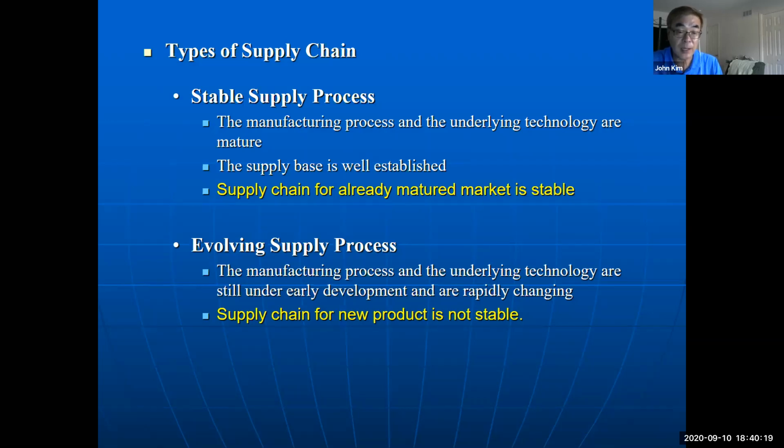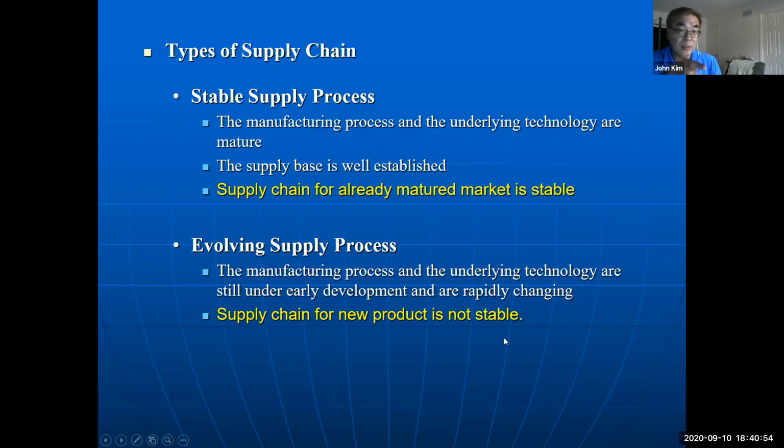So the supply side market is already mature and stable. And on the other side, in an evolving supply process, such as new high tech, the manufacturing process and the underlying technology are still under early development and rapidly changing, so the supply chain for a new product is not stable.